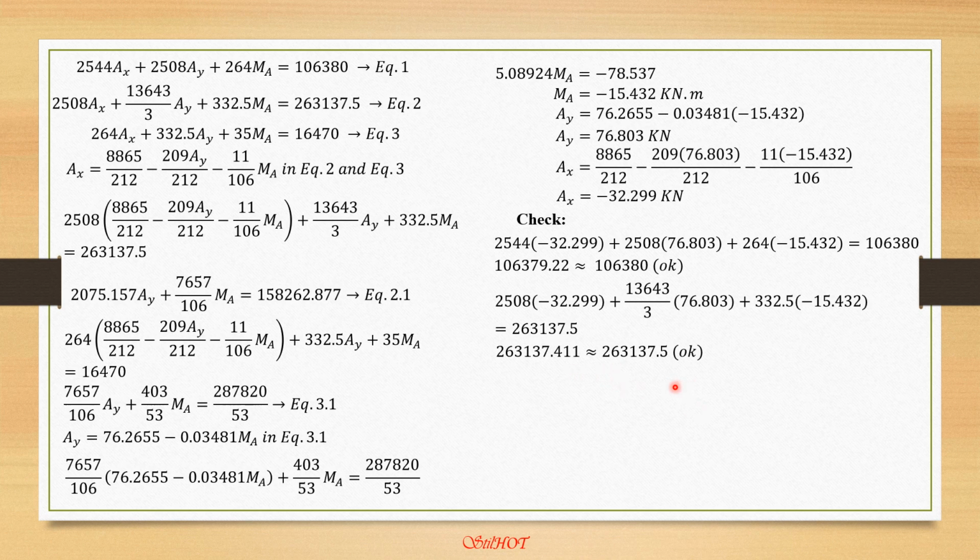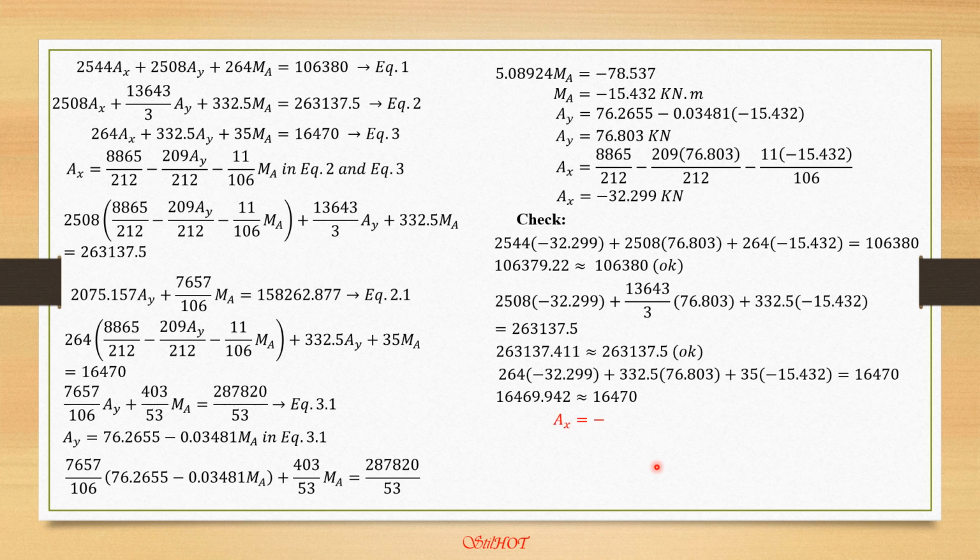Then finally, in equation 3, 264 times negative 32.299 plus 332.5 times 76.803 plus 35 times negative 15.42. So the left side using your calculator is 16,469.942, which is approximately equal to 16,470. So we conclude that all these answers are correct.